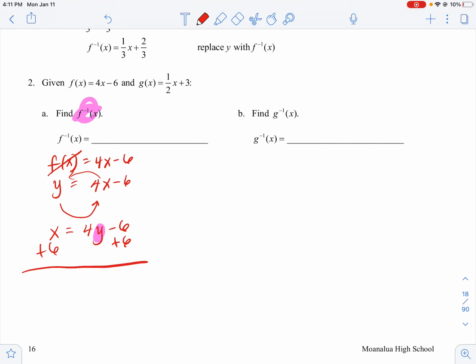So we're subtracting 3 on both sides. You're going to end up with x minus 3 equals 1/2 y. So here, we're going to get rid of the 1/2. We're either dividing by 1/2, but I think it's easier if we multiply by 2 instead.